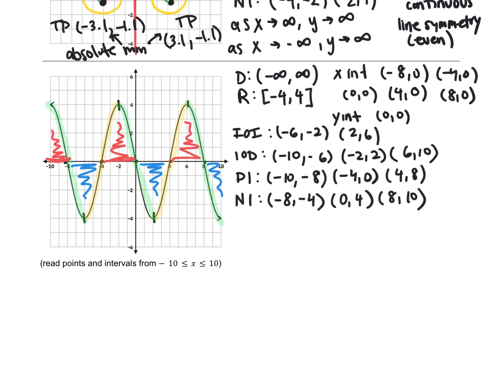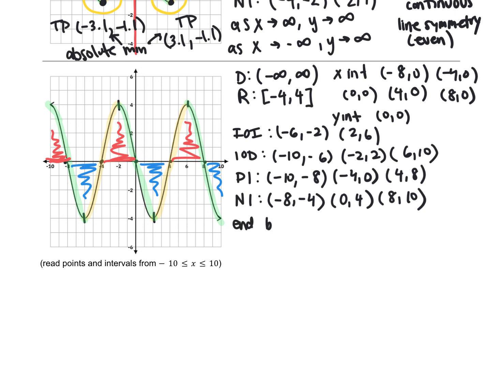Next we have our end behaviors. Because this is a sinusoidal function, it is oscillating, meaning it is going up and down forever in both directions. So we don't really have end behaviors here because as x approaches positive or negative infinity, there isn't an exact y value that the function is approaching.